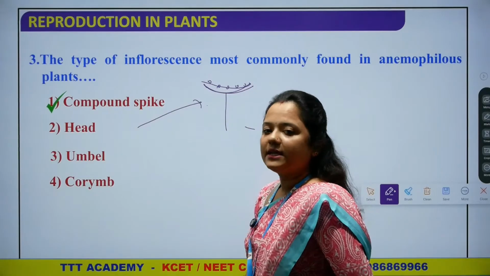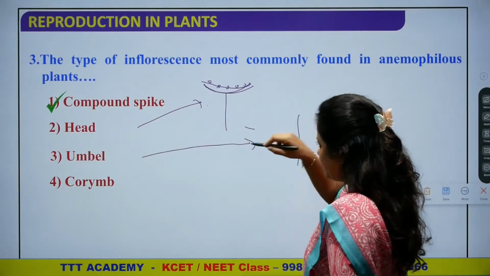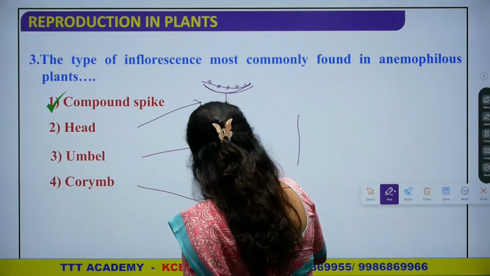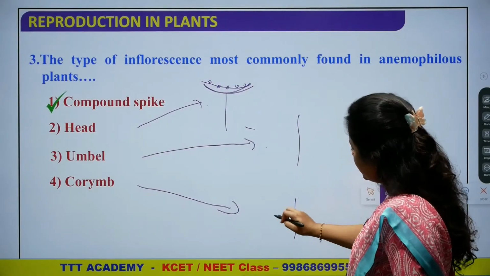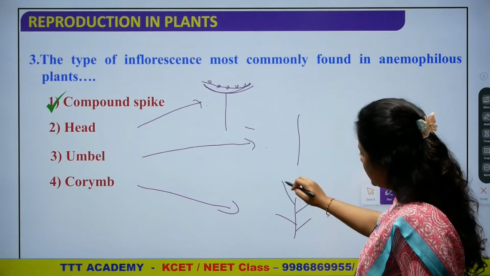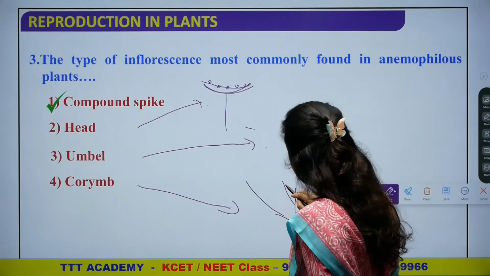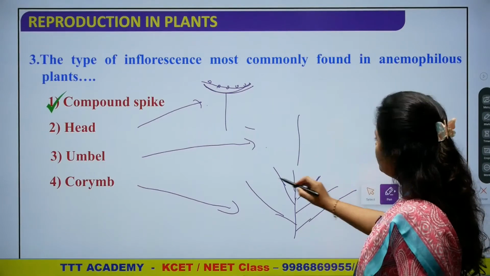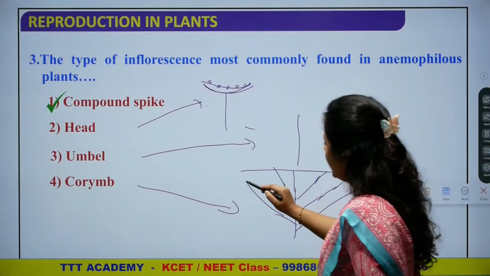Okay, then umbel shaped. The previous diagram I drew was an umbel. Umbel and corymb have a slight difference. In corymb, the stalks of the inflorescence or the flowers will arise like this, but they reach up to the same point, so when we look at it, they will be in the same line.